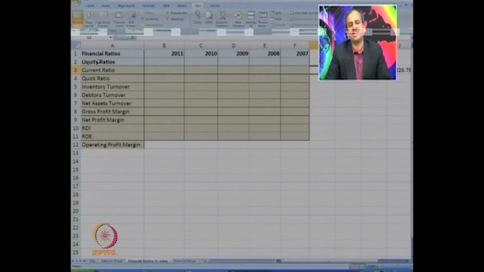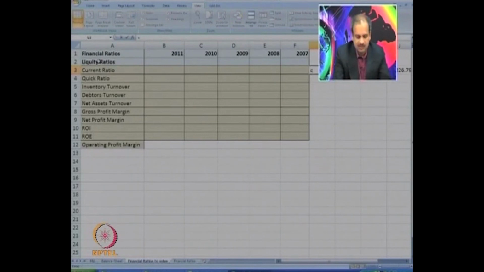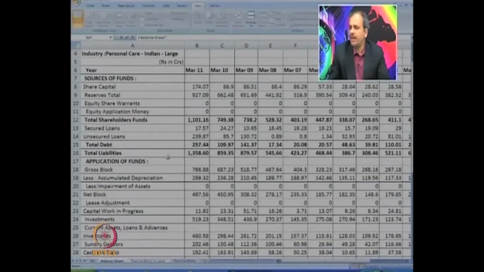What is the formula of current ratio? You are right. Current ratio tries to link current assets to current liabilities. So, it is CA upon CL. So, we will go to the balance sheet.